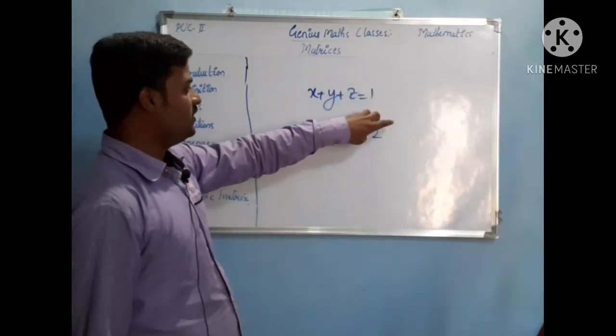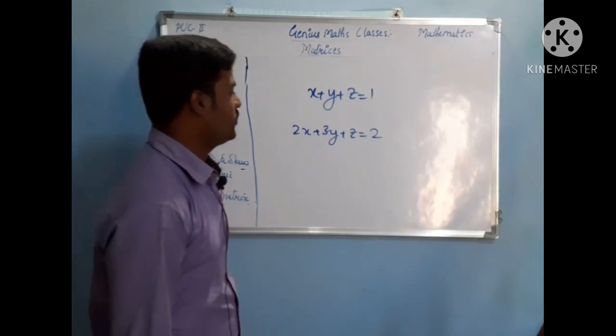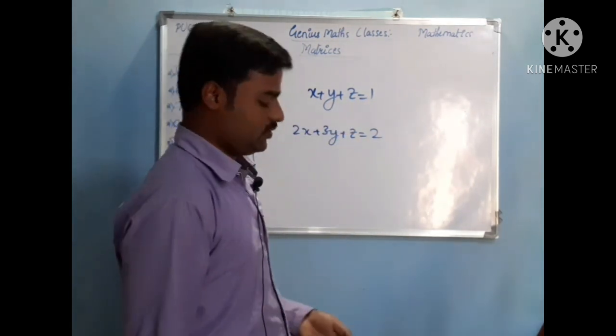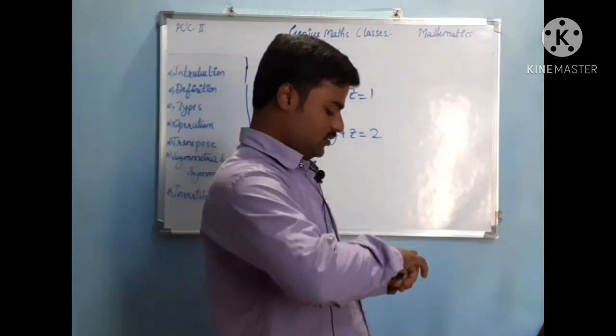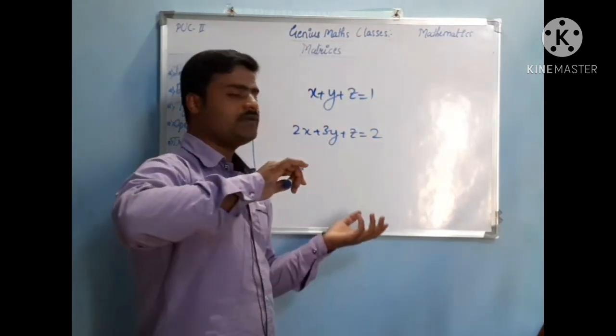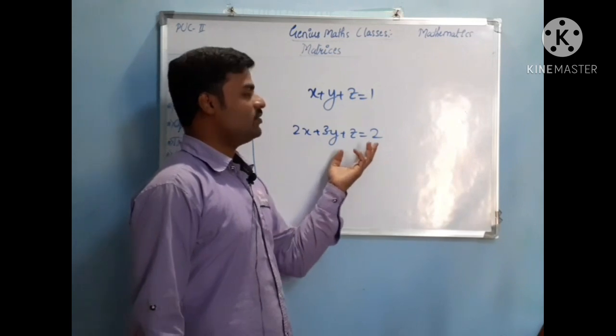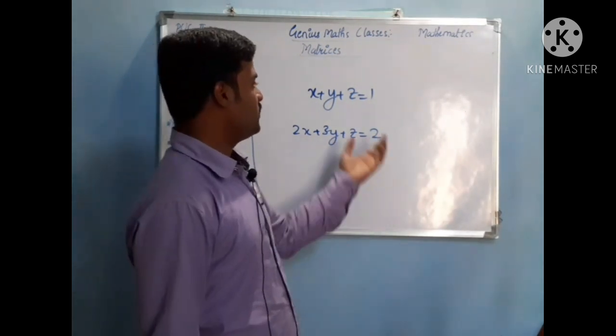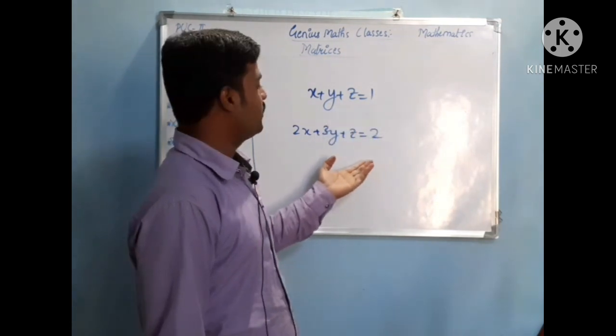So these are called a linear system of equations, because of their degree. And if you want to solve this system of equations, you can easily solve it using the simultaneous system of equations method.